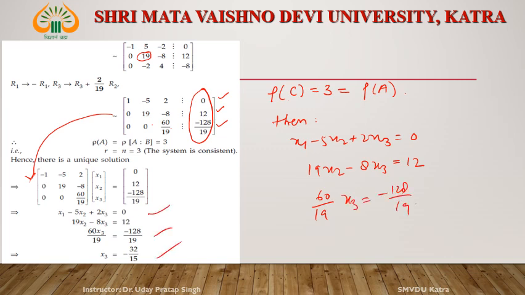After solving this by the back substitution method, x3 is equal to minus 128 by 19 into 19 by 60. Putting the value of x3 in this one, evaluate x2, and putting x2 and x3 here, we find x1.